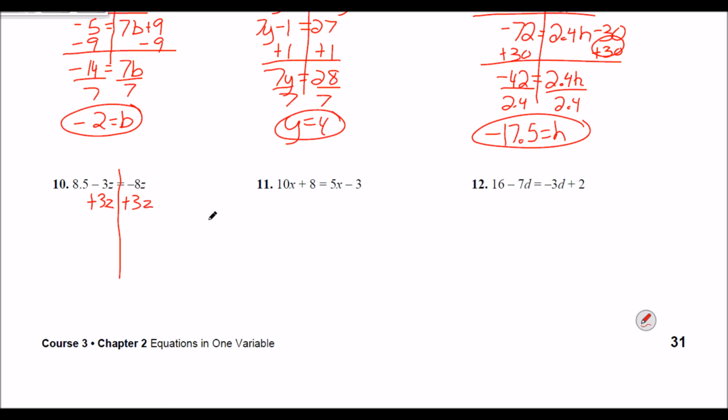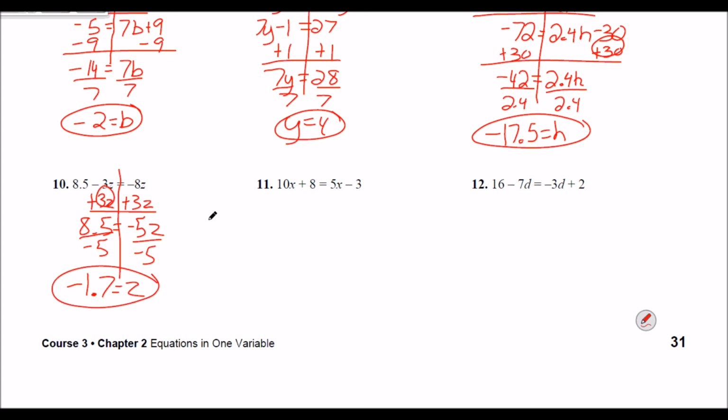So I'm choosing to move the 3z by using addition, which means the 8.5 drops down. If I have negative 8 and add 3, we get negative 5z. I divide each side by negative 5, and I end up with negative 1.7 for our final answer.